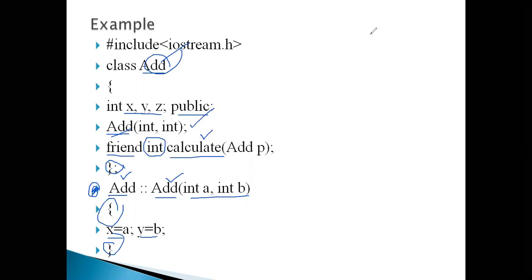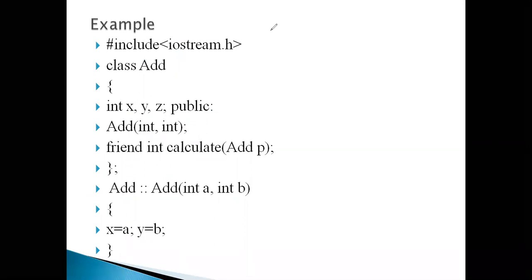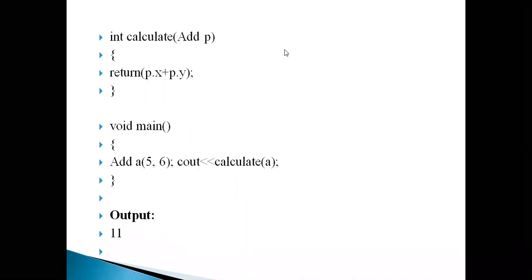Now go to the next one. Now look at this. Here I am going to define the calculate function. It is a friend function, so I am not using any scope resolution operator or class name. Simply I am defining it as a normal function.